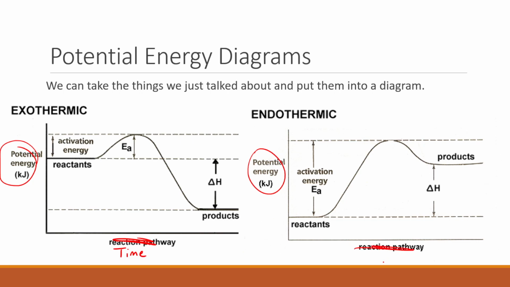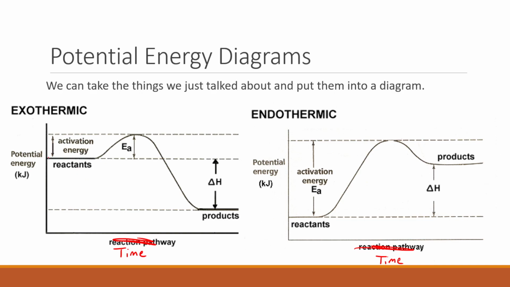As our reaction goes from start to finish, we are tracking how much energy there is. There are other labels, right? Activation energy and delta H, which we're going to talk about in a second. But let's take just one more slow look at exo and endothermic shapes.